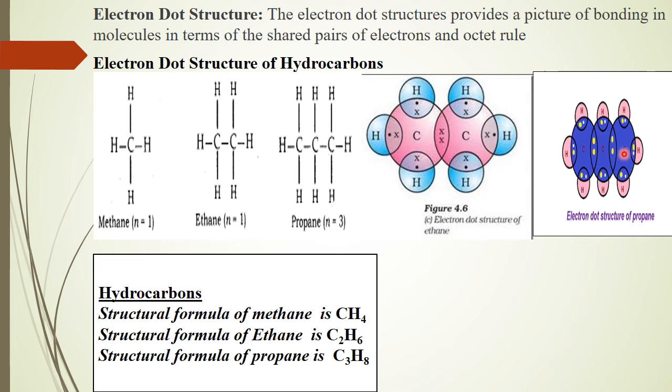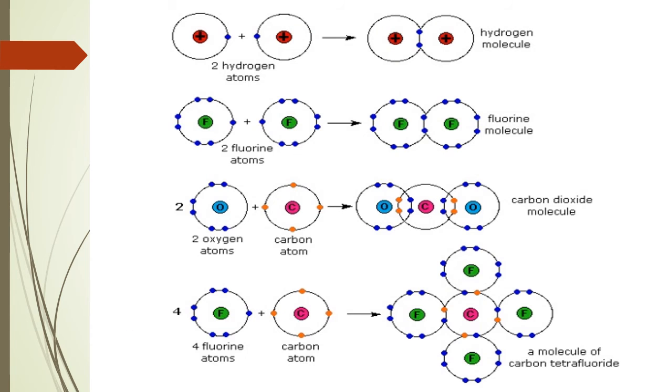This carbon shared one electron here with this carbon, one electron with this hydrogen, one electron with this hydrogen and this hydrogen. So the electron dot structure of propane is C3H8. This is how you write the formula.